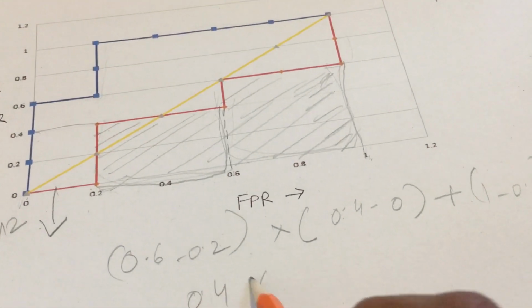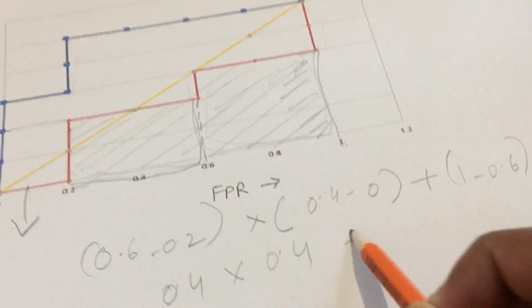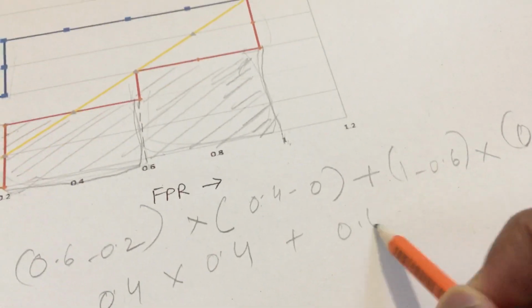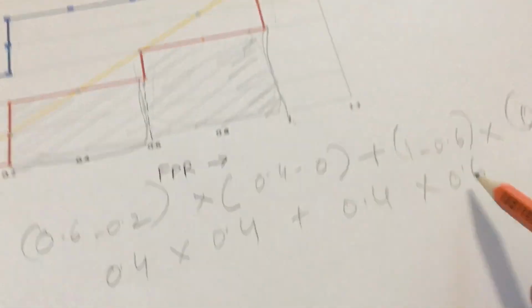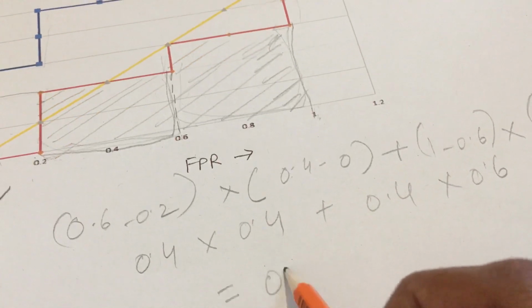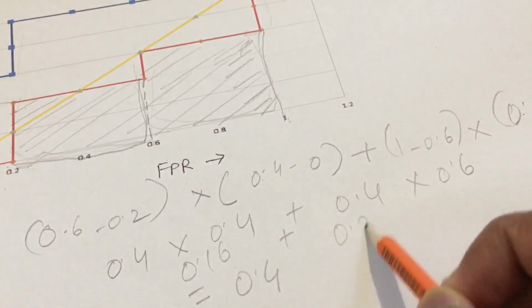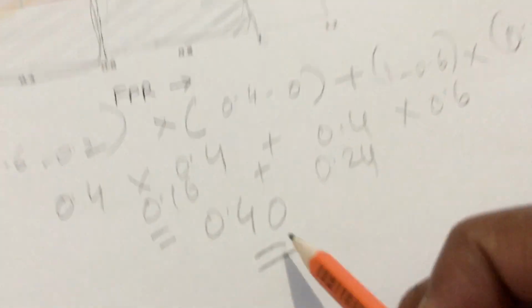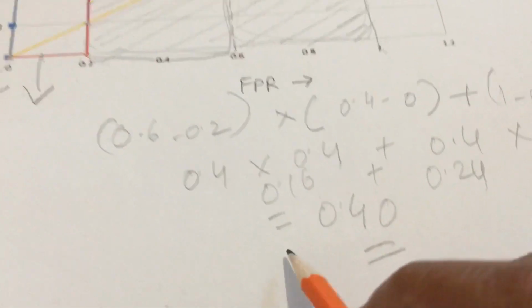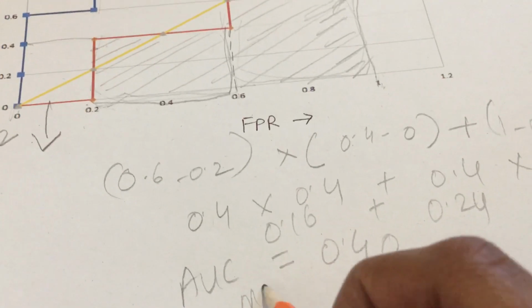When we calculate this, we have 0.4 into 0.4 plus 0.4 into 0.6. So this is 0.16 plus 0.24, which is 0.4. This is the area under the curve for model M2.